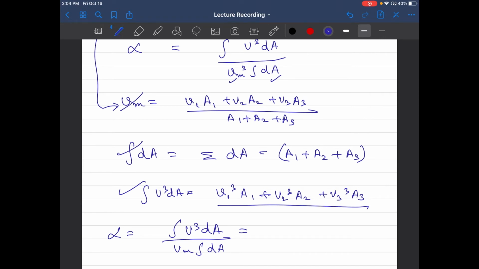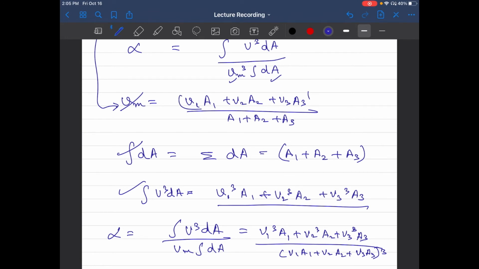As soon as we substitute everything, we get our expression as V1 cube A1 plus V2 cube A2 plus V3 cube A3 divided by V1 A1 plus V2 A2 plus V3 A3, its cube, because we have to use Vm cube.